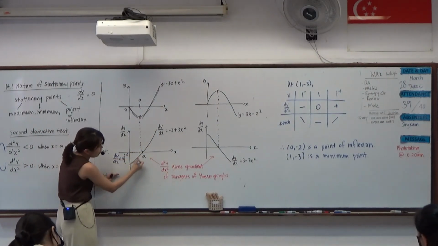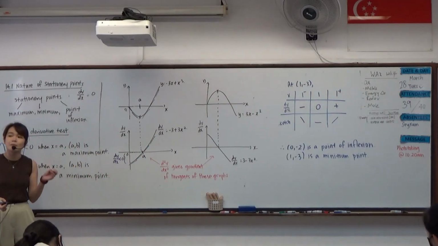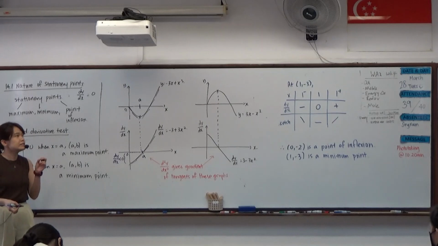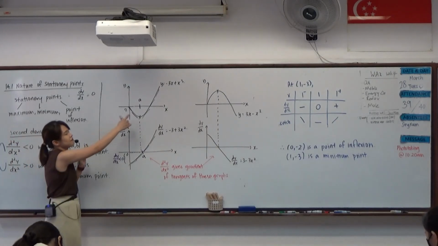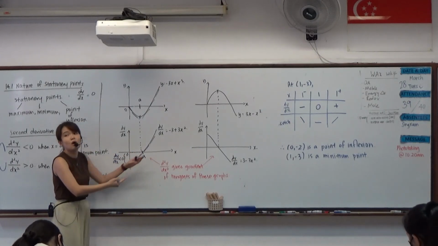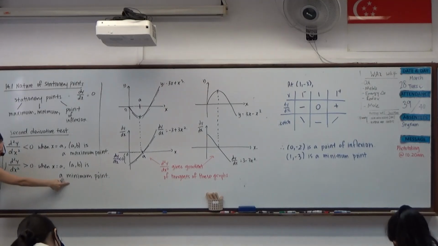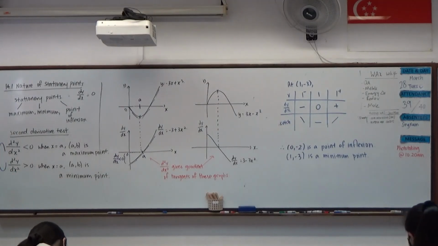If I look at all the tangents over here, they are always going to be upward sloping, which explains to us why, for any minimum point, your second derivative will always be positive. So second derivative is always positive for a minimum point. Okay, so that's how we got this conclusion, and that's how we go about testing for the second derivative.